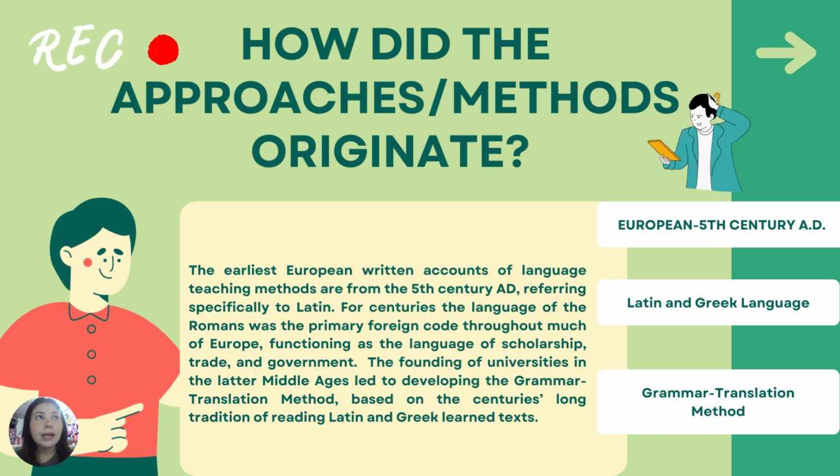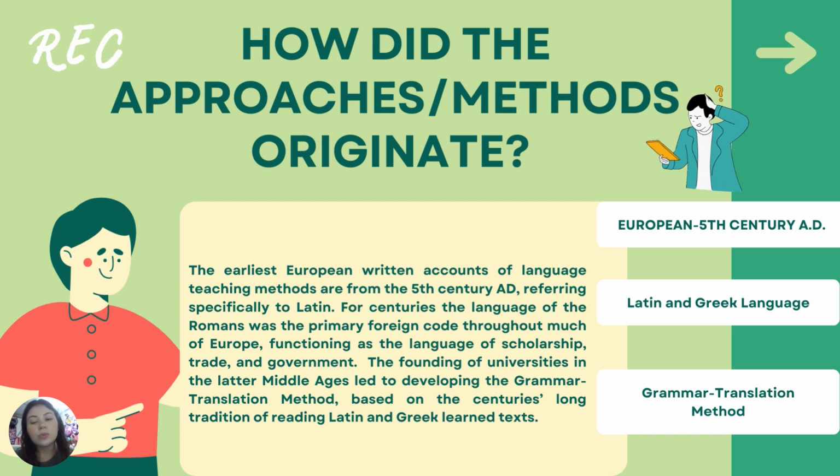How did the approaches or methods originate? This is the first question to answer. In the earliest European accounts, there were some written accounts of language in the 5th century.